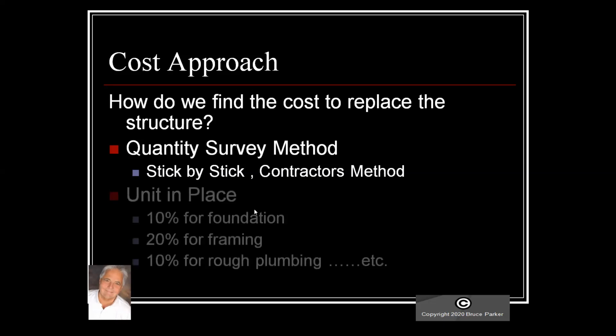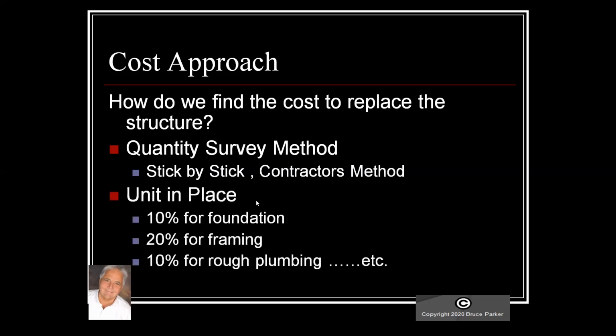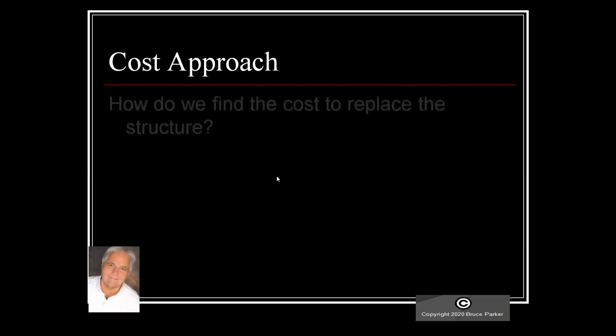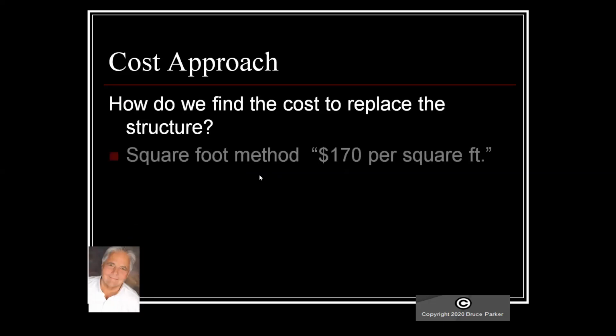The next method is called the unit in place method. You ask somebody how much it's going to cost to do the foundation. Then you ask them how much for the framing, and how much for the rough plumbing, and how much for the rough electrical, how much for the roofing, and how much for the finishing. And you add all those together, and that's the unit in place method. The next method is the square foot method.